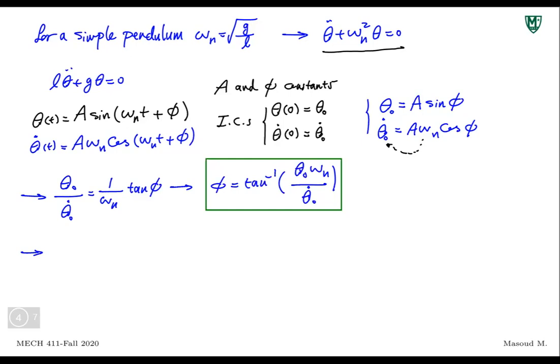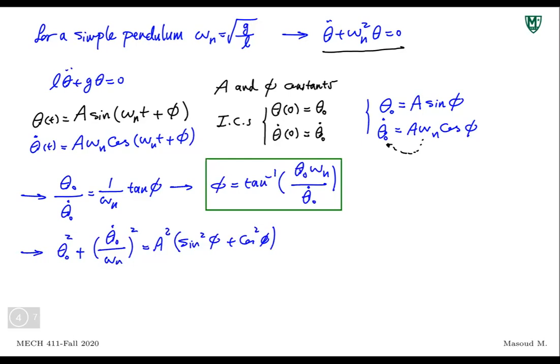If I square both sides, it's going to be theta naught squared plus theta naught dot over omega n squared, and I square the other sides and sum them up. It's going to be a squared, I factor it out, sine squared phi plus cosine phi squared.